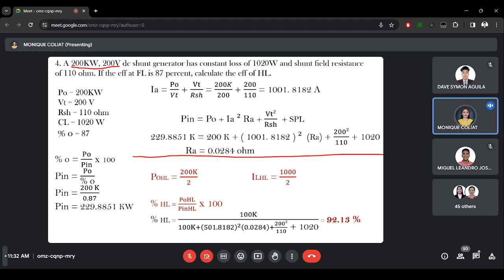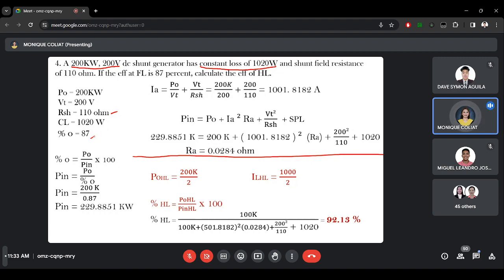Okay, so how to know what parameter is unknown. If there is a full load efficiency and there is an output power that is given, that means you need to get the input power. So we have overall efficiency equals PO over PIN times 100, right?